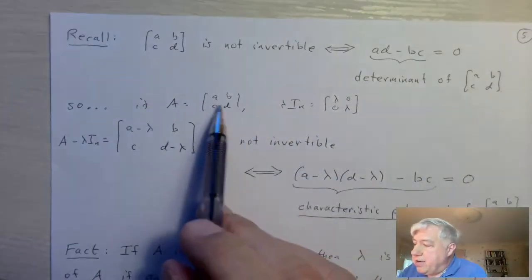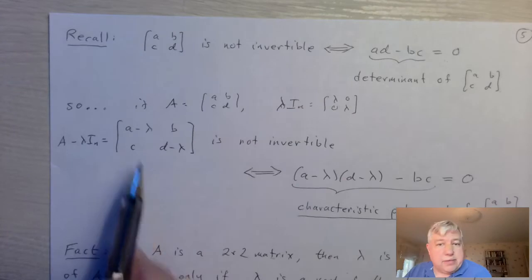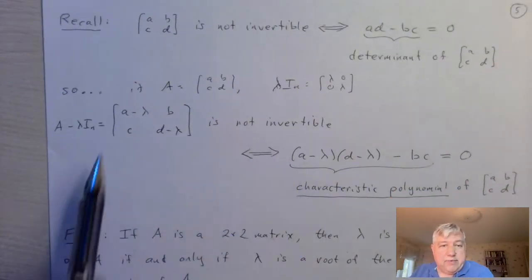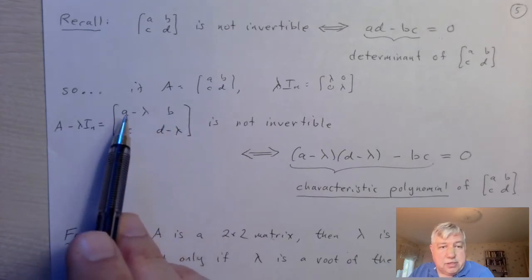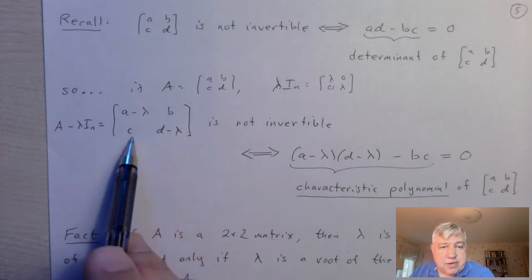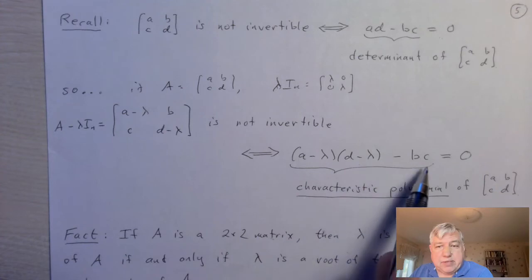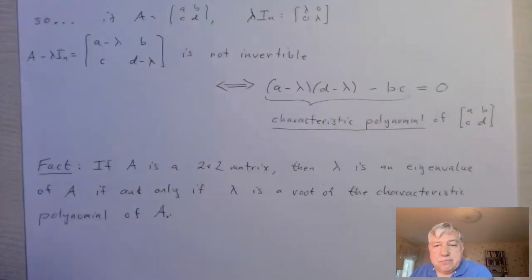So you take the difference of these two matrices and you get this. This is not invertible if and only if the determinant of this matrix is 0. So what is this? It's just this entry times this entry minus this entry times this entry: A minus lambda times D minus lambda minus BC. We want that expression to be 0.